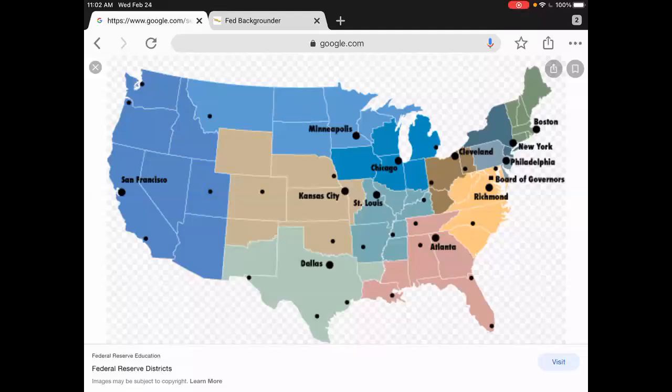Kansas City is going to be a lot about wheat and trains, transportation of that wheat. Myself in District 7, we had mainly train transportation, highway infrastructure, automobile suppliers, because that's what's made in the upper Midwest. And what they do is they feed in their little visions of what's happening in their little regional economy to the Board of Governors. And that then informs what the monetary policy is going to be.